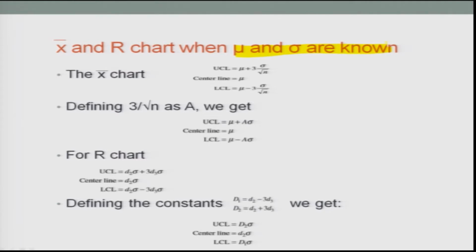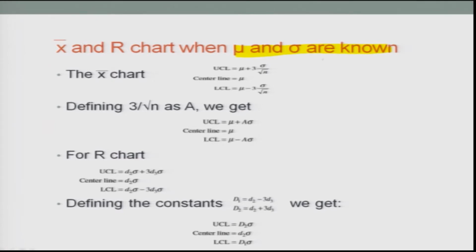So, if they are known, how would you do the calculations? In the X bar charts, the UCL and LCL, I am just repeating the same thing, the limits would be mu plus minus 3 sigma by square root n. Now, this is important to understand, so I will spend some time here and use the color black.